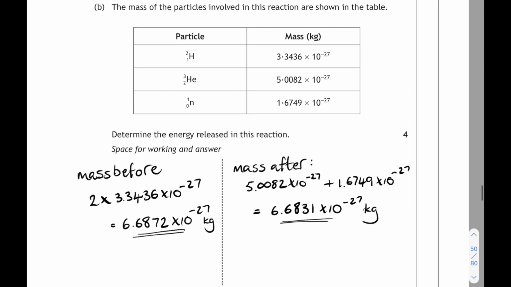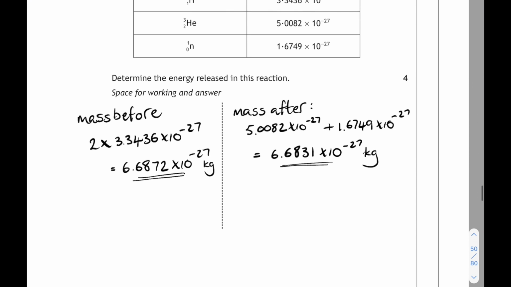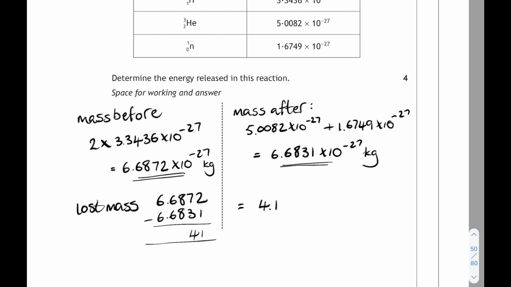And there's our total afterwards, which should be less than it was before. Then to find the lost mass, it's just the mass before minus the mass afterwards, and that gives us 0.0041, or 4.1 times 10 to the minus 30 kilograms.